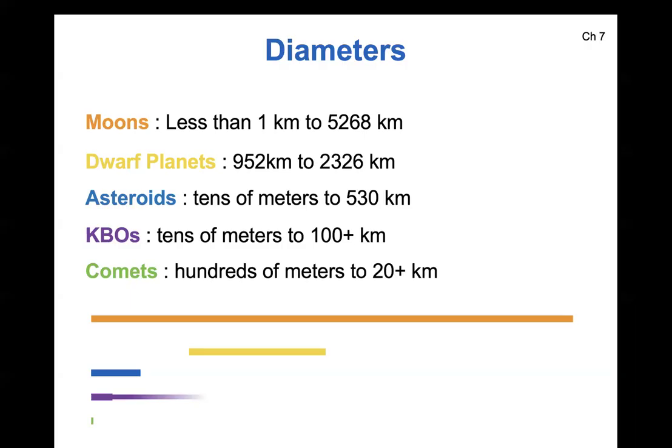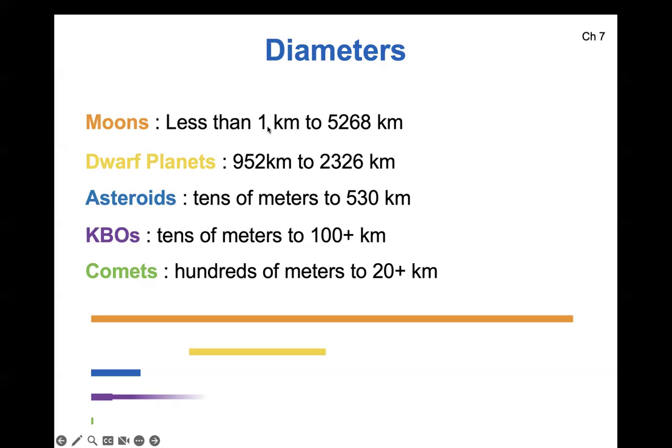Although we do have a very exact measurement for Pluto because of the recent New Horizons mission. But what I mean to say is that the biggest of the dwarf planets is either Pluto or Eris, and I know that one of them is considered more massive than Pluto, but Pluto may still be the biggest in size. Asteroids range from tens of meters.